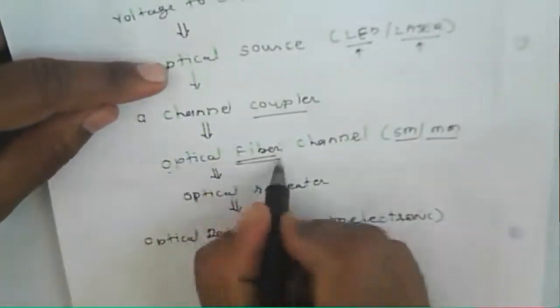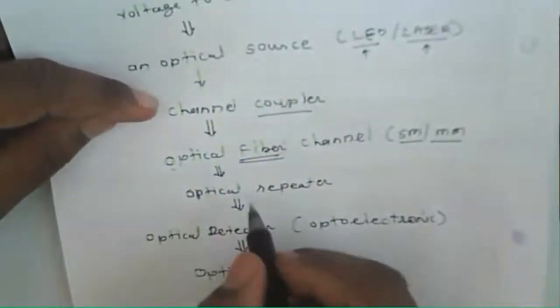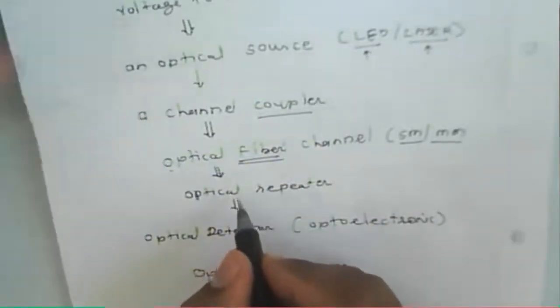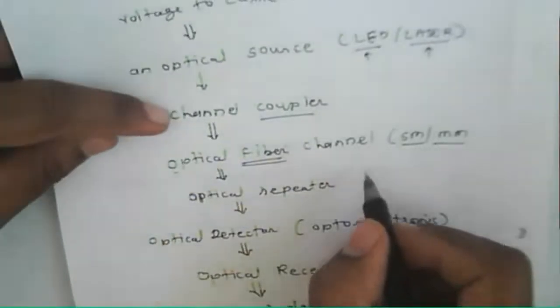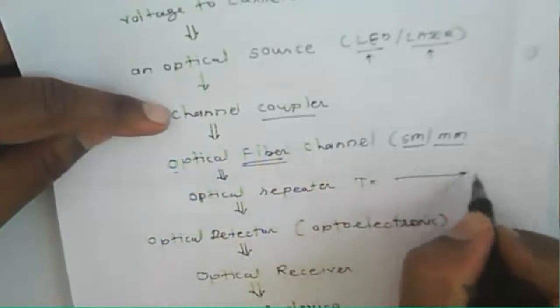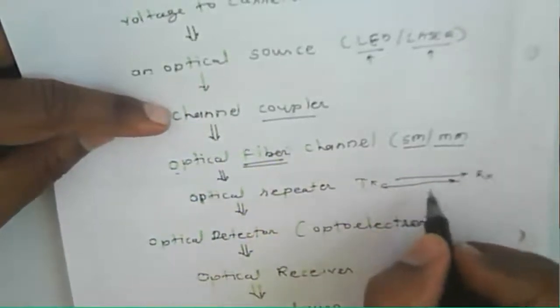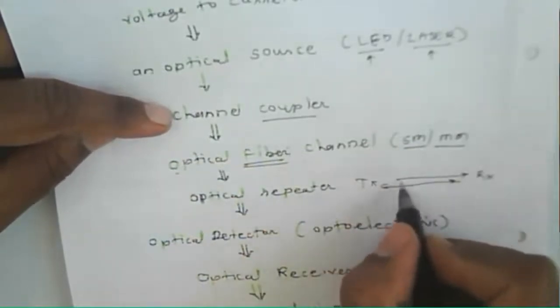According to the information we have, we can use the appropriate fiber. Then the signal propagates through the fiber, and for communication from transmitter to receiver the length will be large.